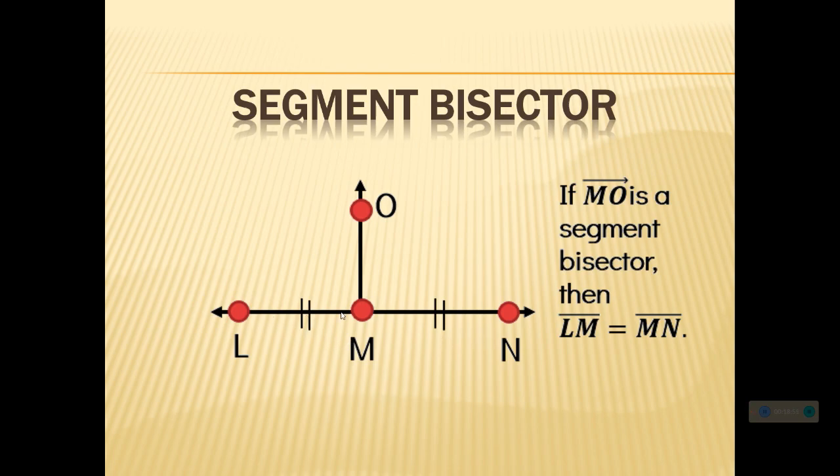So we may say that segment LM is congruent to segment MN because it was bisected by our ray MO. So it divides the line into two congruent parts.